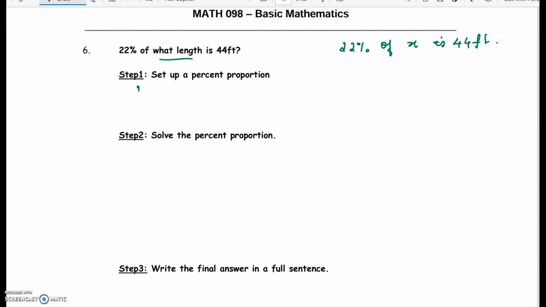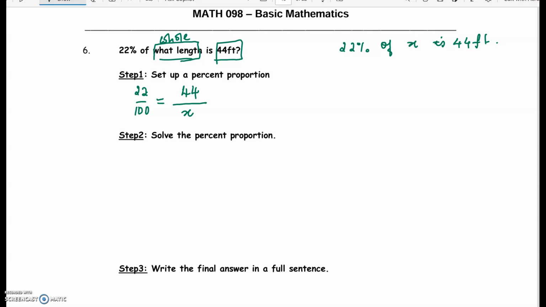Percent proportion, the percent sits on the left. P over 100, 22 over 100 is, now we don't know the base value, percent of the whole or the base. We don't know what that is, so we're going to call it x, is the part which is 44.